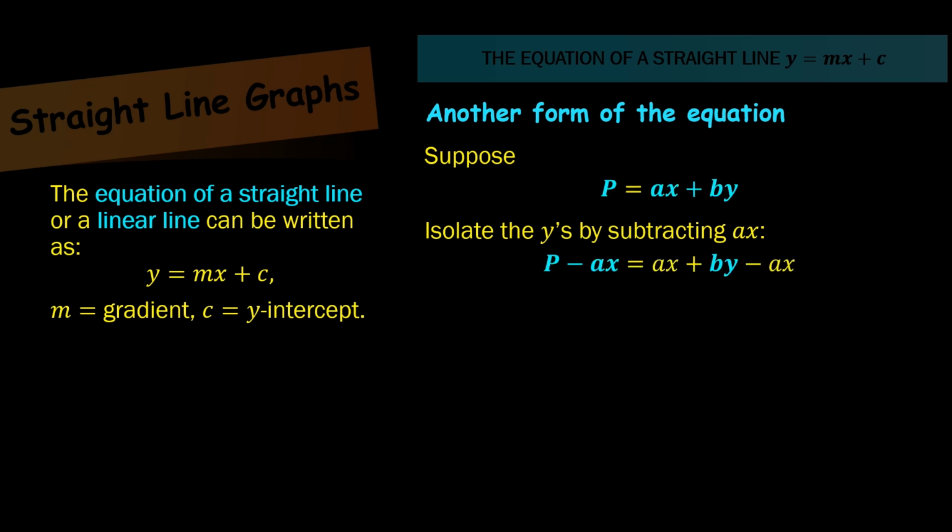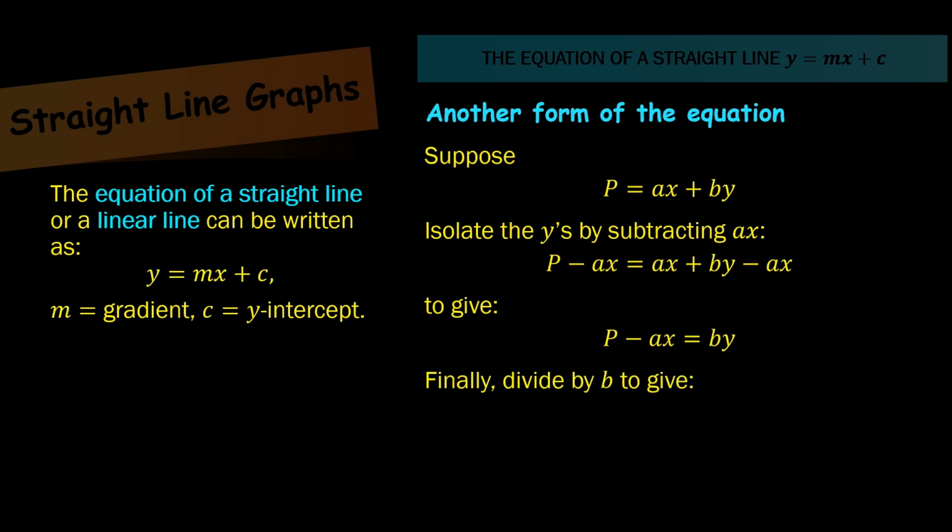So here's the original equation, and here we're subtracting ax, to give us p minus ax equals by. We can now divide by b in order to give us y equals p minus ax all over b.